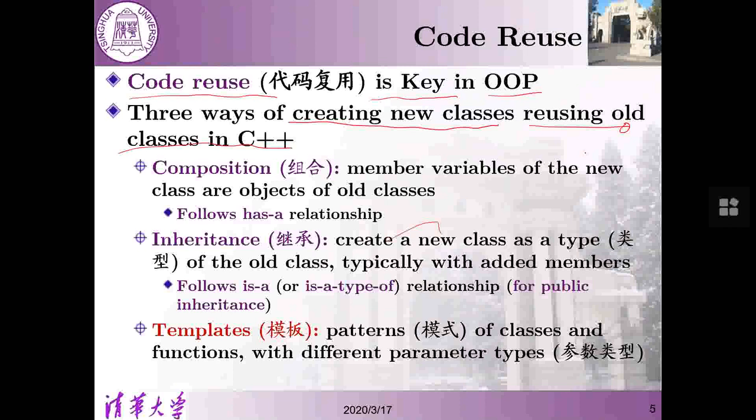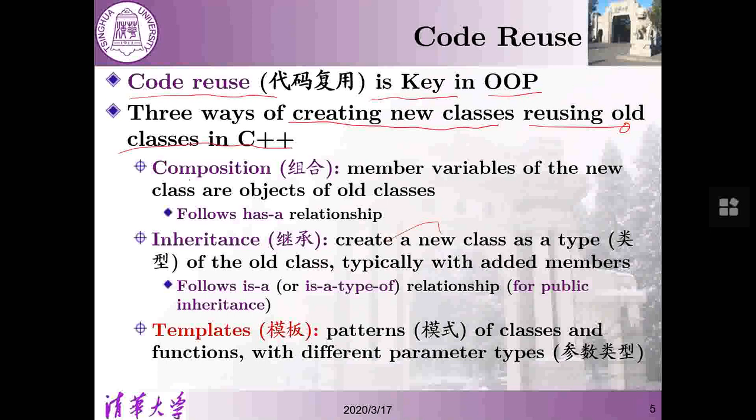This is the key of OOP design. Always try to reuse your old code because this code should have been well tested. I believe if you are a designer, you have tested it well. Then you can incrementally define new classes. So this is the key, okay?